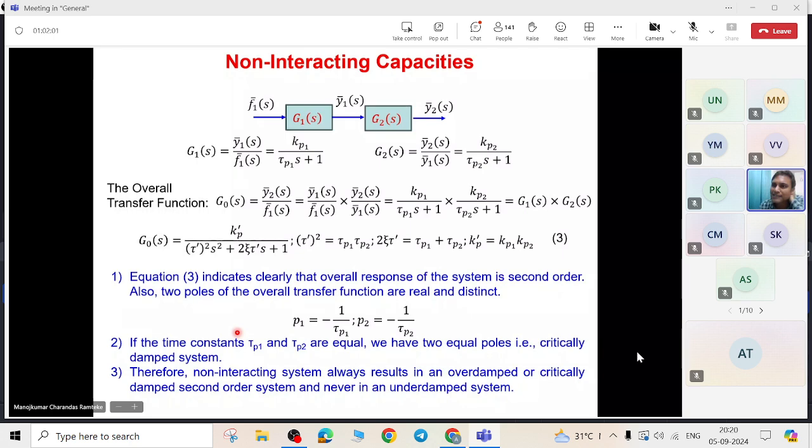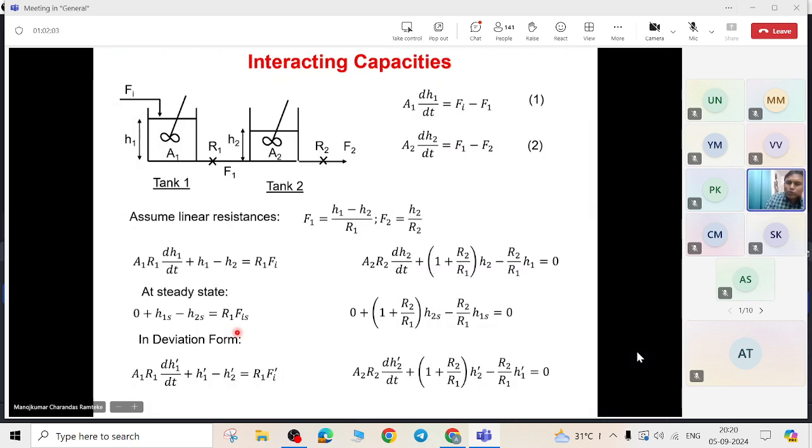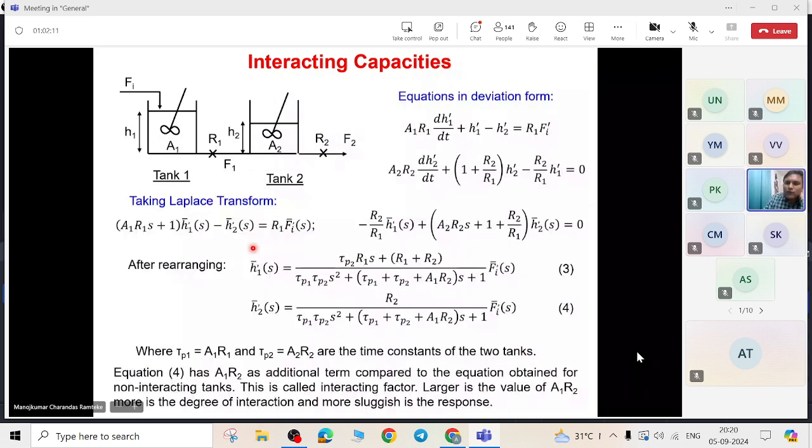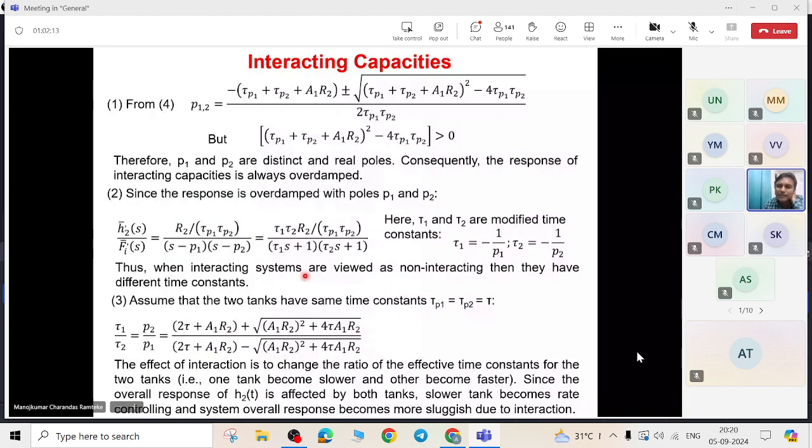Now let's assume the two tanks are arranged in an interacting manner and their size is the same and their time constants are also the same. Now what will happen to this ratio? Let's say the time constants are the same. In that case, it is going to become 2 tau plus under root A1 R2 square plus 4 tau A1 R2, and this entire term is subtracted here.